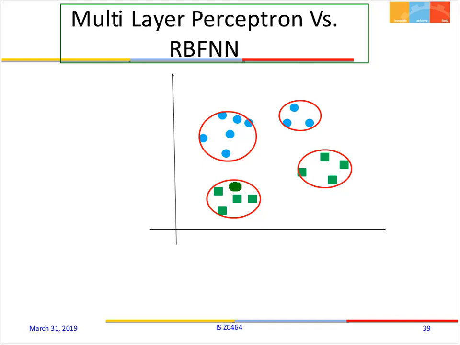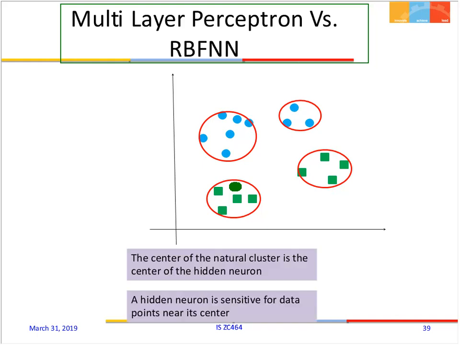Okay, so the center of the natural cluster is the center of the hidden neuron. A hidden neuron is sensitive to data points near its center. That is the beauty of this RBFNN, that it localizes. So anything which is close to this, even a test sample close to this, will have belongingness to this cluster, right?